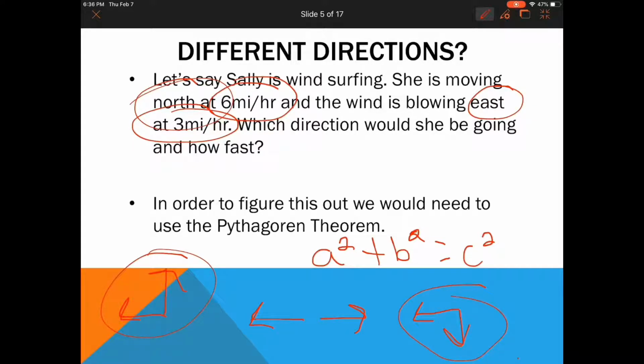So again, to calculate this, you would have to use the Pythagorean theorem and set it up so that you have the numbers set on the base and the side. And you're solving for the hypotenuse.